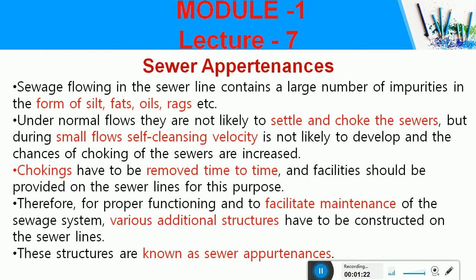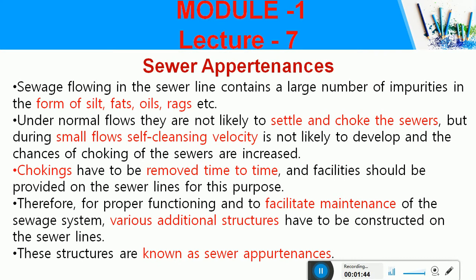Okay, so sewage, as you know, contains a lot of organic and inorganic impurities, which include fat, oil and grease, rags, some form of silt, broken twigs, tree branches, and some cloth pieces, whatever the storm water picks up whenever it falls on the ground.